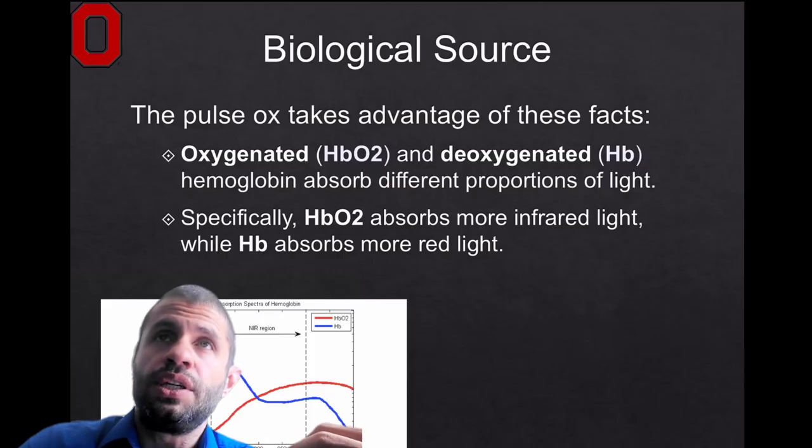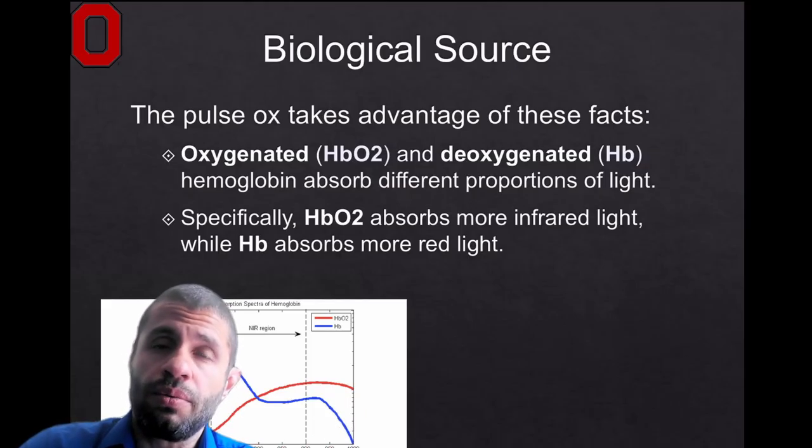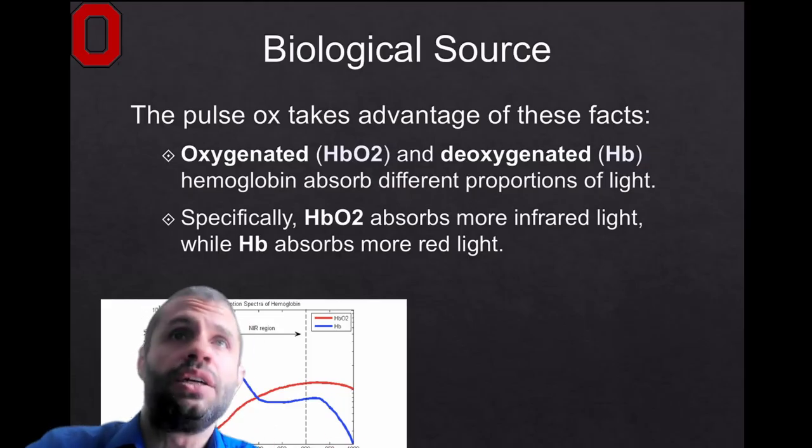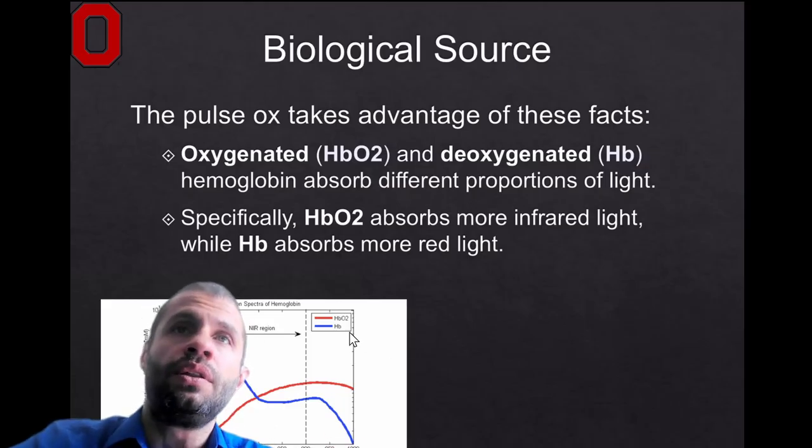HbO2, which is the oxygenated, absorbs more infrared light, while the deoxygenated hemoglobin absorbs more red light. And you can see here, for example, that the oxygenated in red has more of this higher wavelength, which is going to be on the infrared, whereas the deoxygenated is going to be higher on here, which is the red.